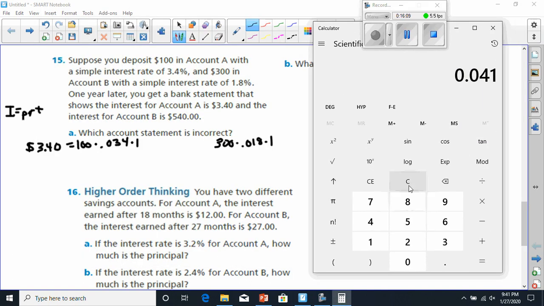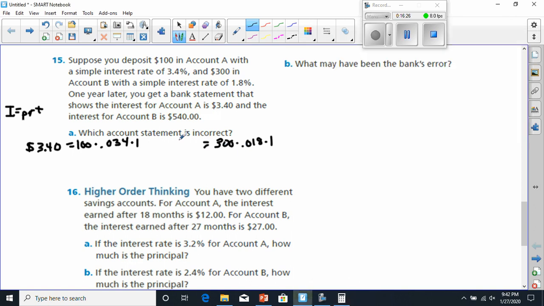And if we do this in our calculator, 300 times 0.018 is going to equal 5.4, which again, times 1 will still be 5.4. So that means the interest will be 5.4, but in money, that'll be $5.40. But they claimed account B was $540. Well, that's incorrect. So which account statement is incorrect? Account B is incorrect.